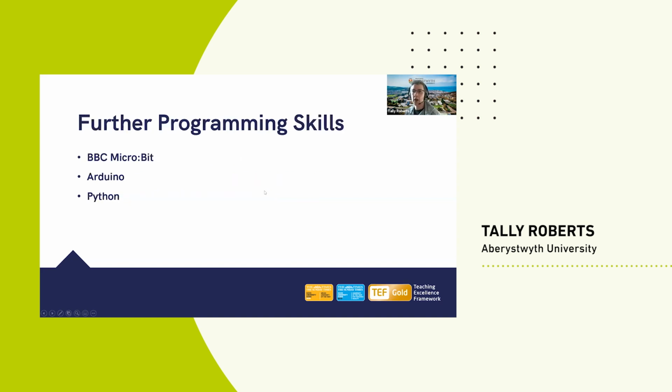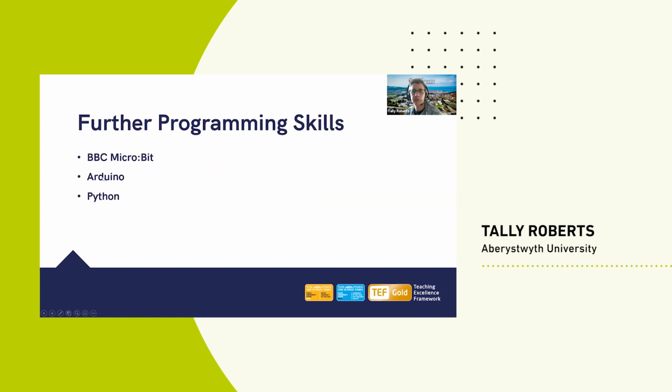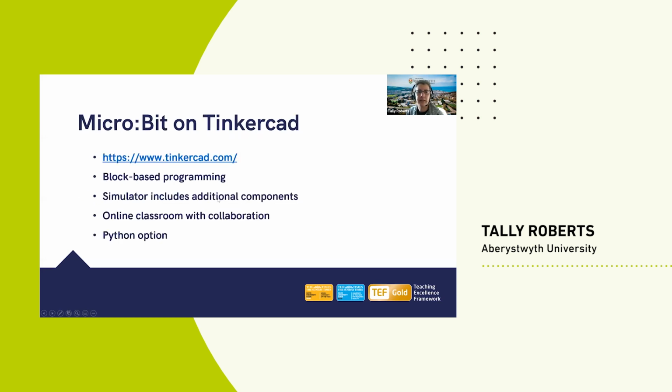We then move on a bit to further programming skills, and you'll notice the top one, whoops, go back. The top one is, again, the BBC microbit. You also have Arduino and Python. So we're starting to look at written languages as well as the block programming. So why have I put BBC microbit back on this list?